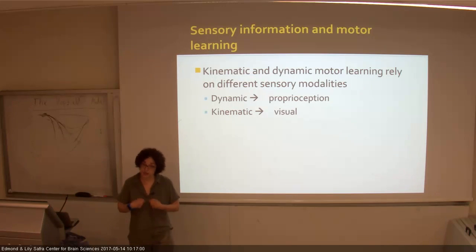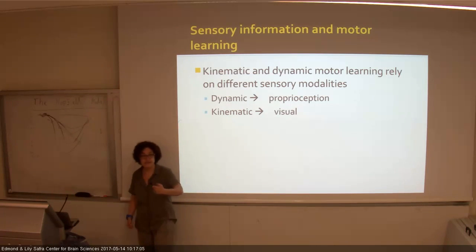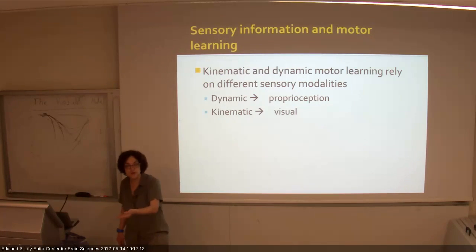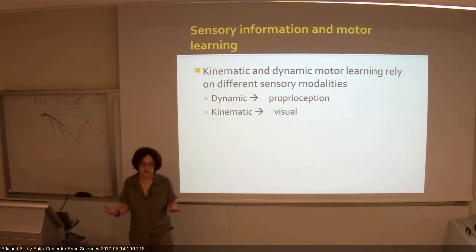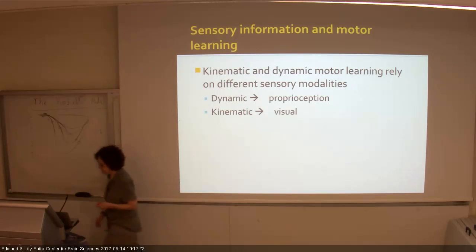These maps require changing the internal models because the motor command that I need to generate now to get the same forces is different. Both the inverse model and the forward model need to be adjusted, and we can do it very fast. Still, it's not clear how, but we can do it.